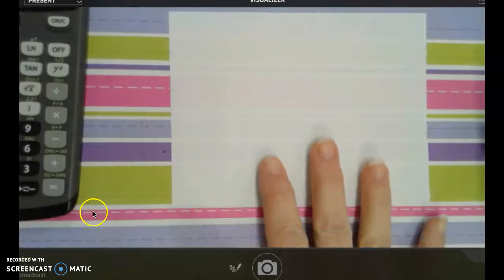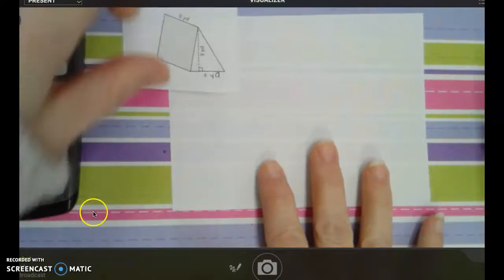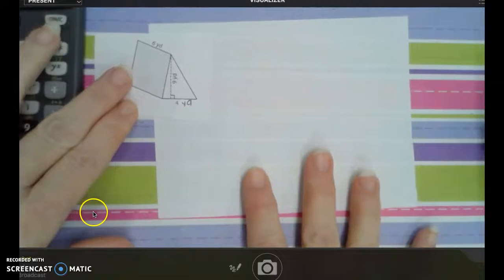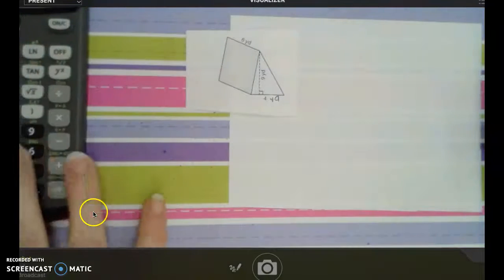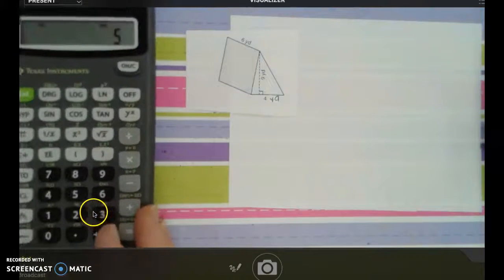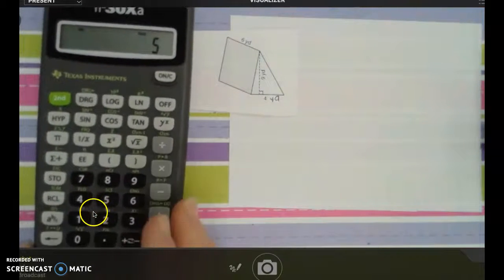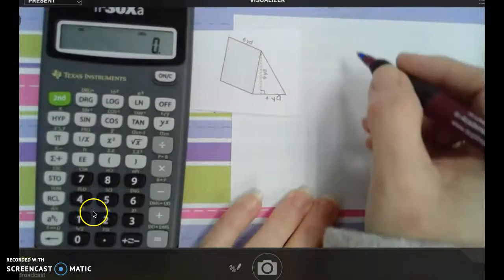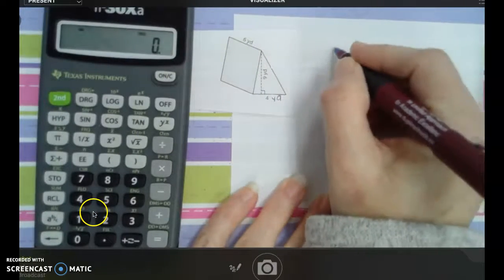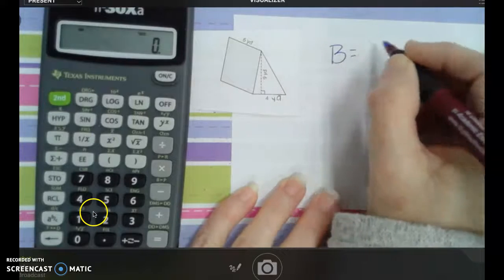Let's see, here's our triangular prism. Let me slide it over to make room for the calculator. There we go. We talked about them laying down, and this one is laying down like I was talking about earlier. We're going to do just like we did with rectangular prisms. We found the area. Why did I write a B up there?